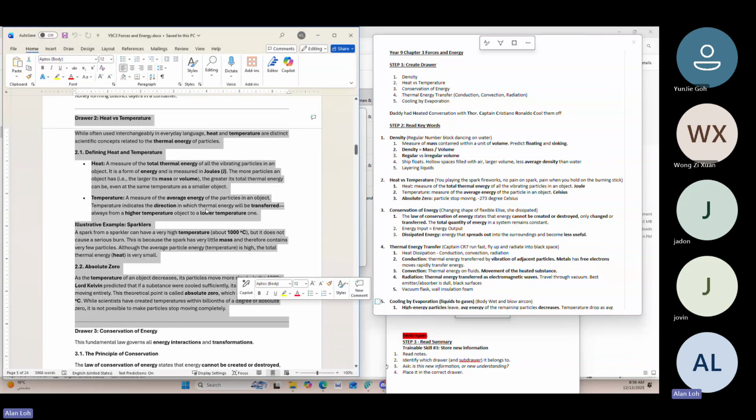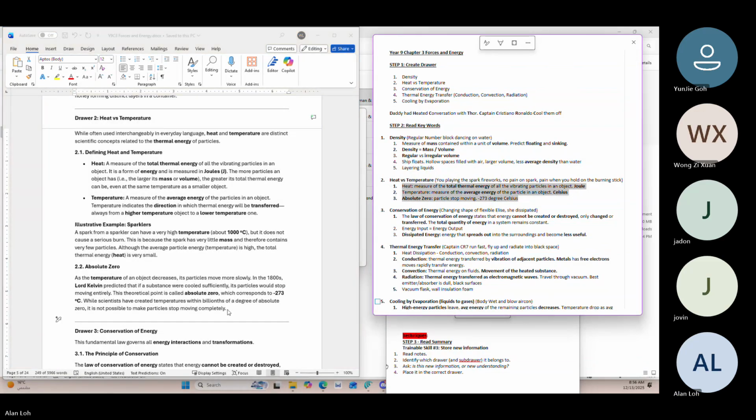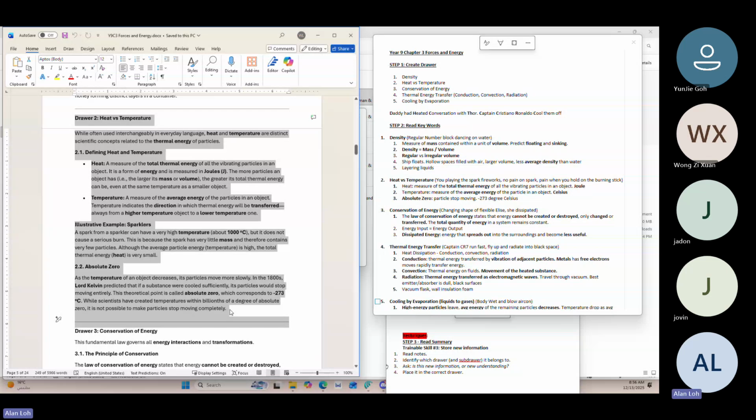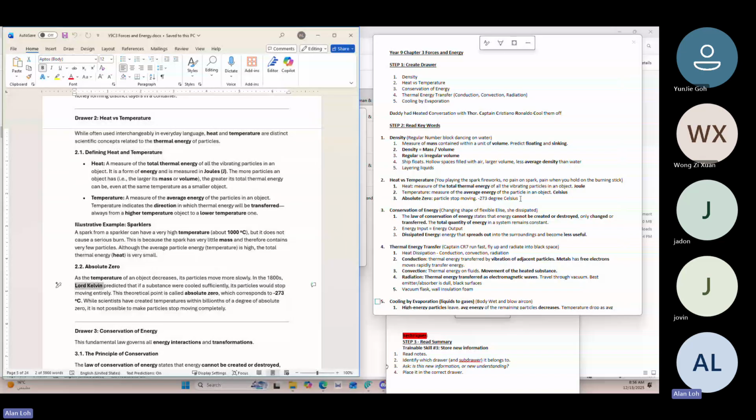Is there any new information that you read there, that was not read over here? No. What about Lord Kelvin? Is it here or not here? Right? So this is a new information. Maybe you think this new information is not very important, but for this exercise we are trying to help you train this skill of identifying new information from a new source of reading.